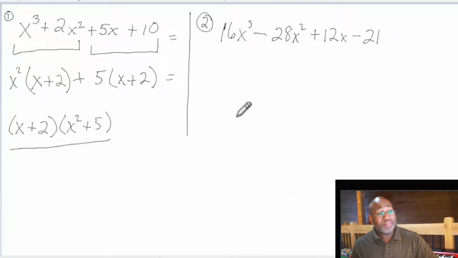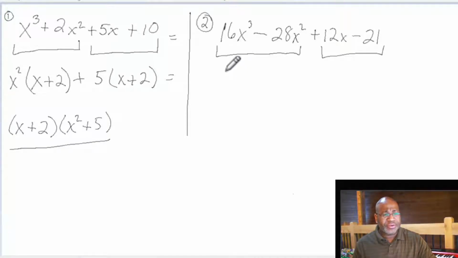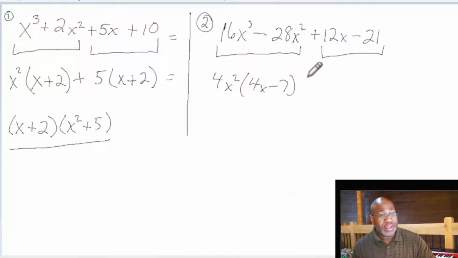So then pair off the terms and then look for a common factor for each pair. In the first pair, we have a common factor of 4x squared. So extracting that factor, we'll have left over 4x minus 7. Bring down the plus. The second pair has a common factor of 3. Extract that. That'll be 4x minus 7.